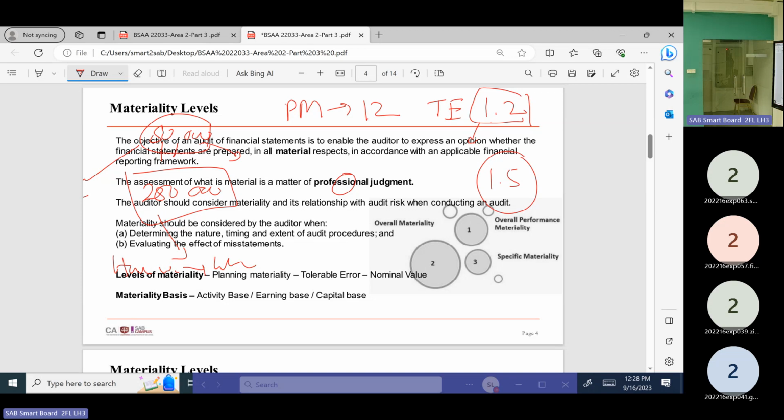Credit cash, debit the liability. They are issuing 0.4 million checks, and now the balance is 1.1 million. So these are bogus checks issued to reduce the liability.